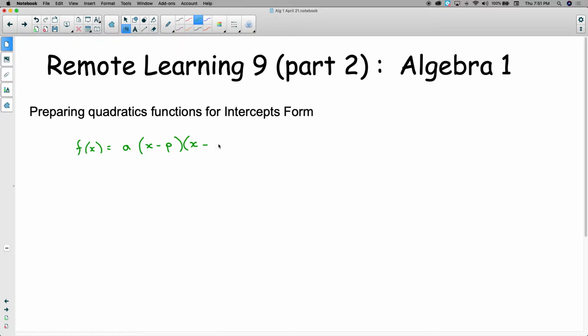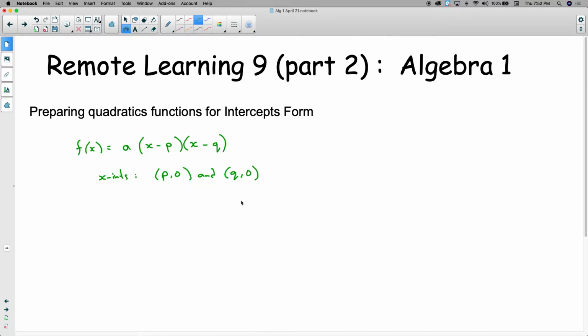And in order to make them sort of random or arbitrary binomials, I'm going to use this slick little process of calling one of them x minus p and one of them x minus q. Now, what we saw was that the x-intercepts were at p, now remember, not at negative p, it was at p, 0 and q, 0.